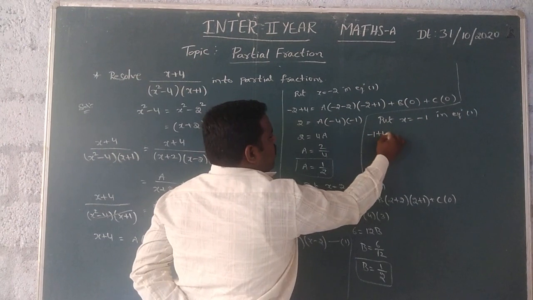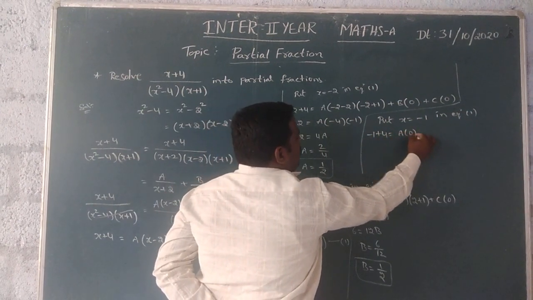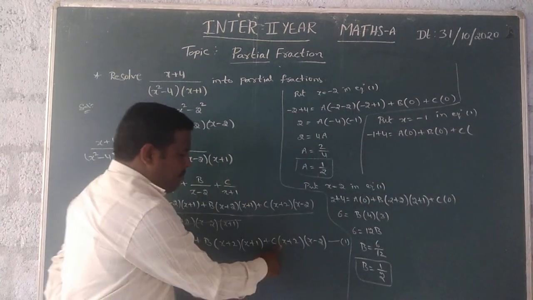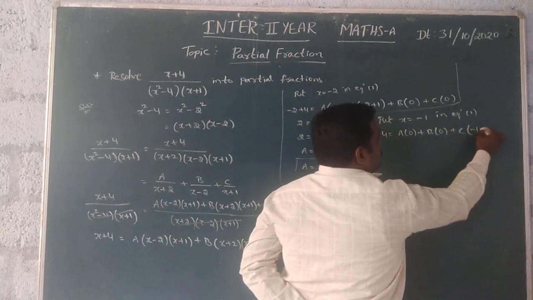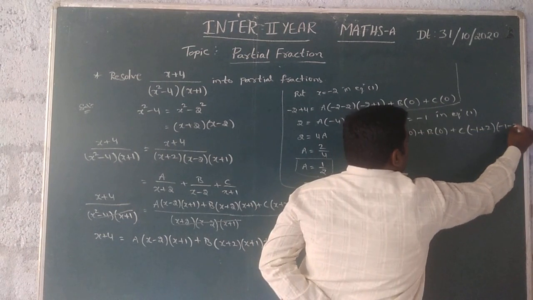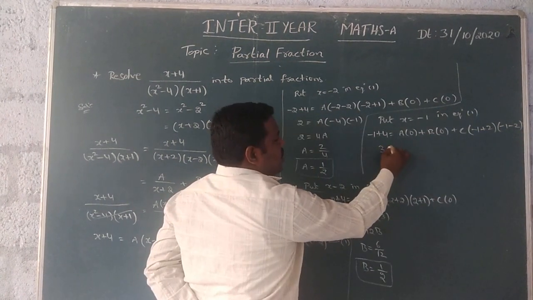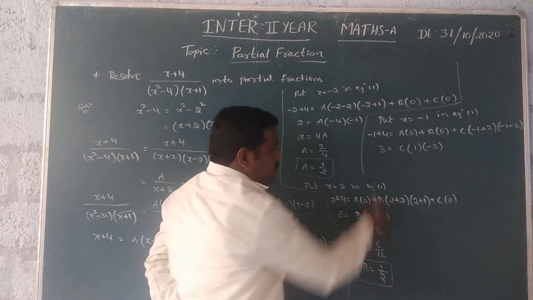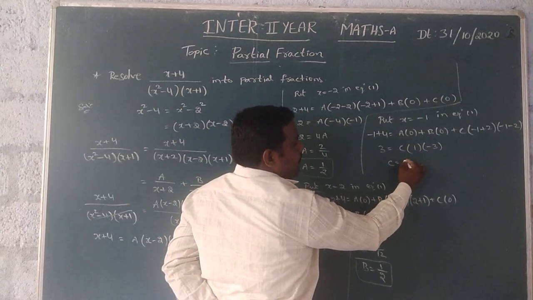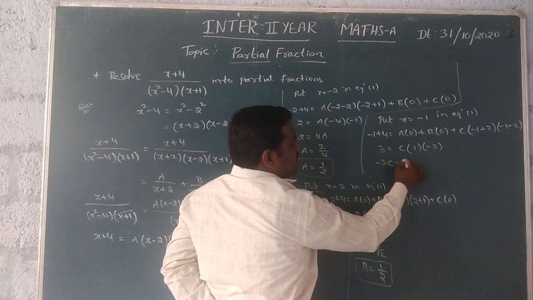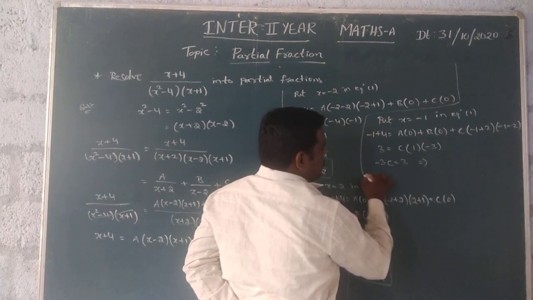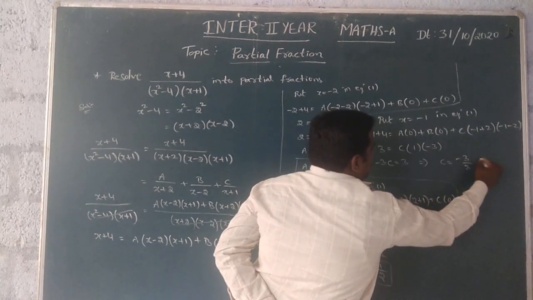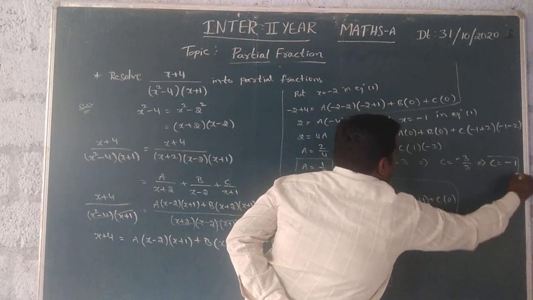Minus 1 plus 4 is equal to a of 0 plus b of 0 plus c of minus 1 plus 2 of minus 1 minus 2. So 3 is equal to c of 1 into minus 3. So c is equal to minus 3 by 3. So c is equal to minus 1.